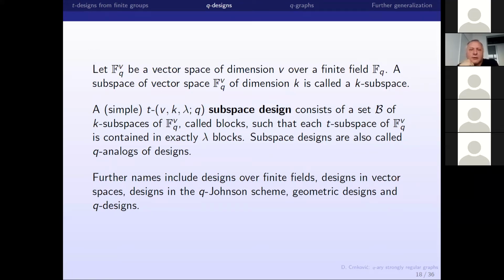So we have a vector space of dimension v over a finite field F_q, and we have k-subspaces, and a subspace design with parameters t-(v,k,lambda)_q, where q is the order of the finite field. A subspace design with these parameters is a set of k-subspaces such that each t-subspace of that vector space is contained in exactly lambda blocks.